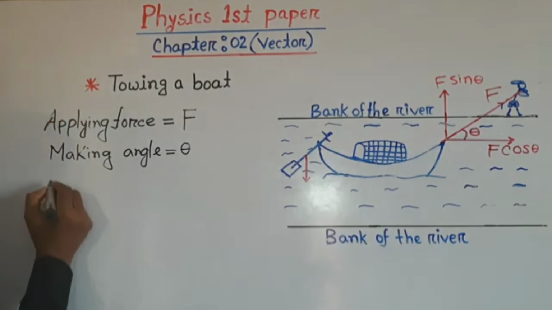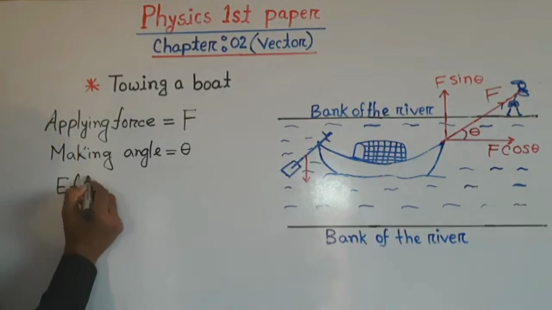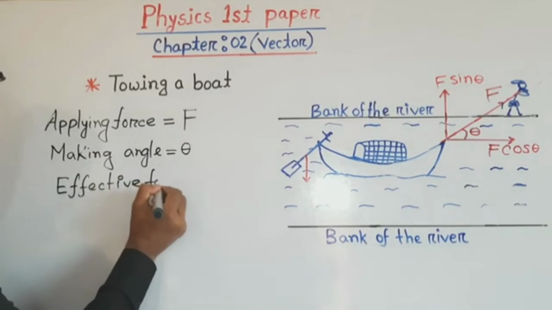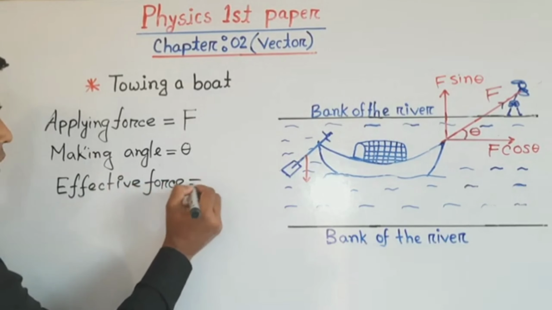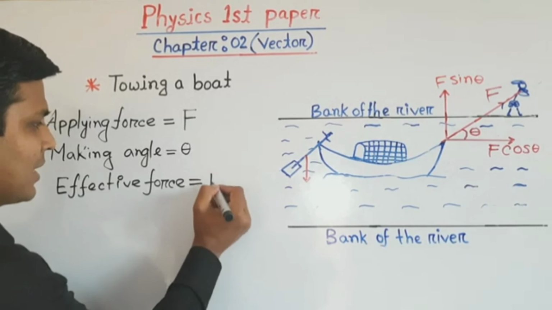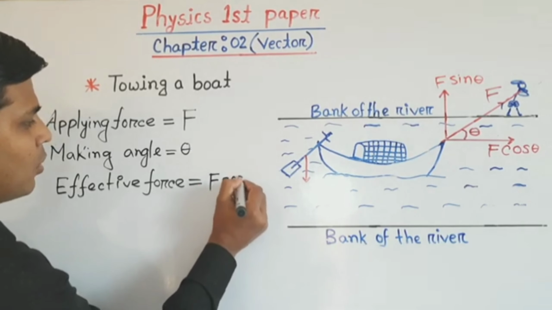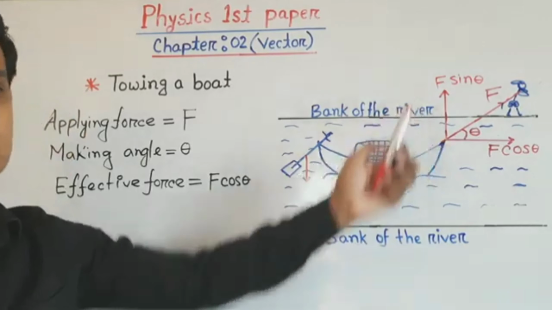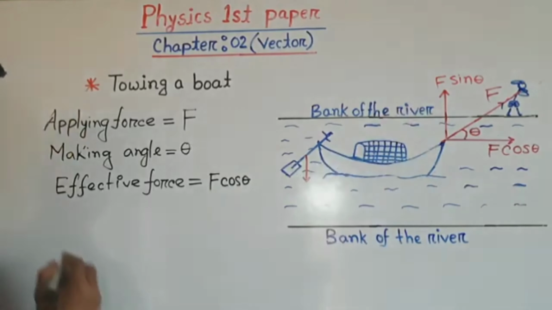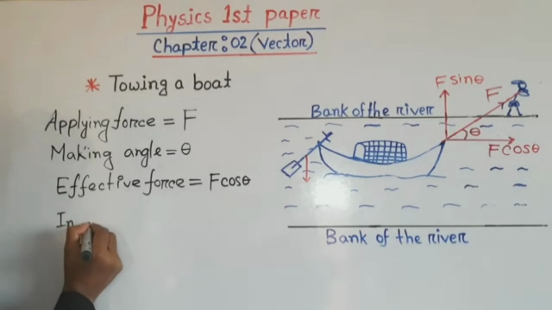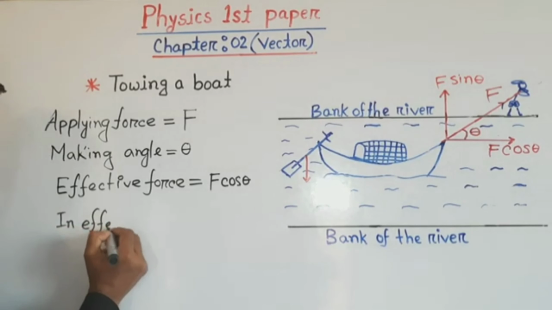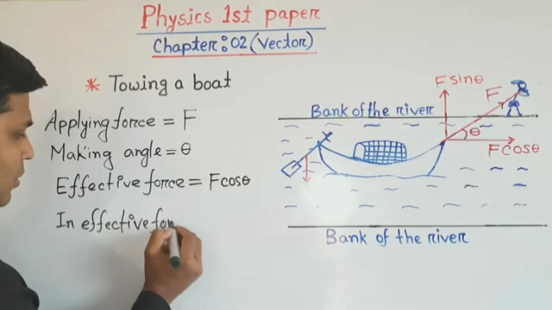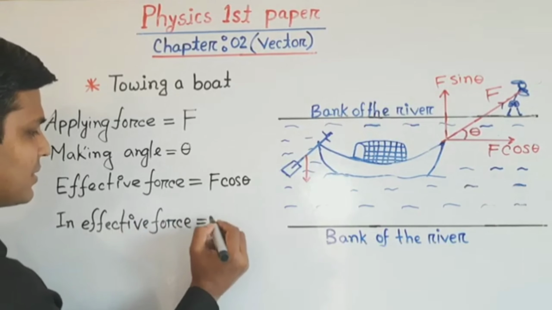So we can write: the effective force responsible for moving the boat forward is F cos theta, and the vertical component, the ineffective force, is F sin theta.